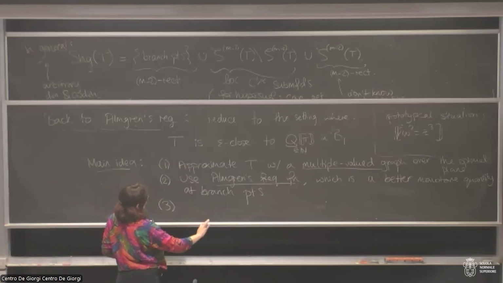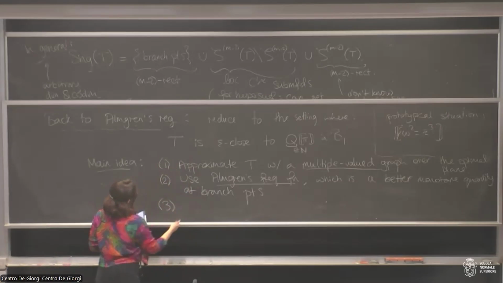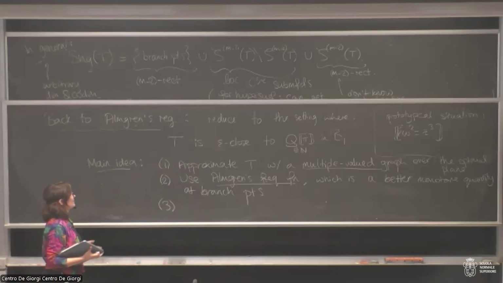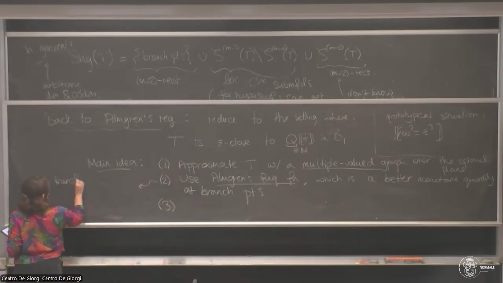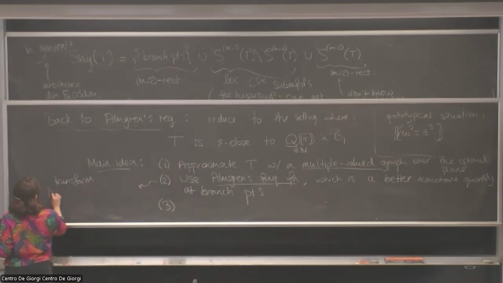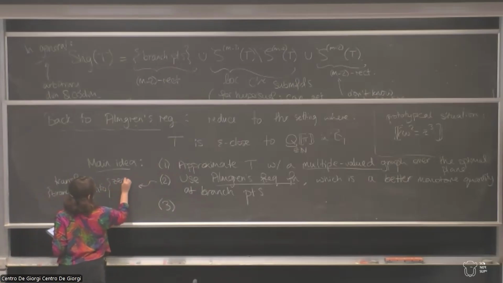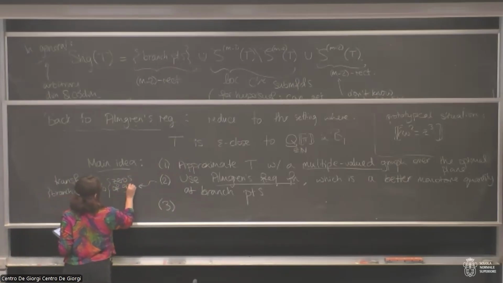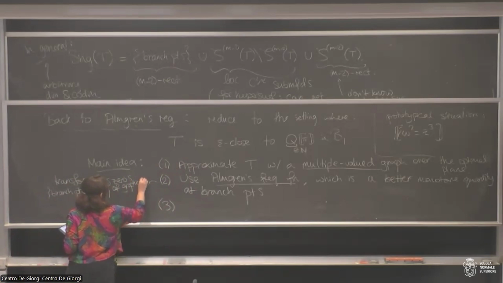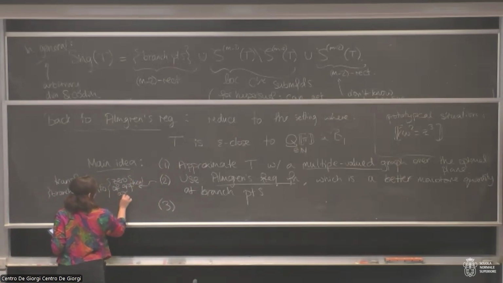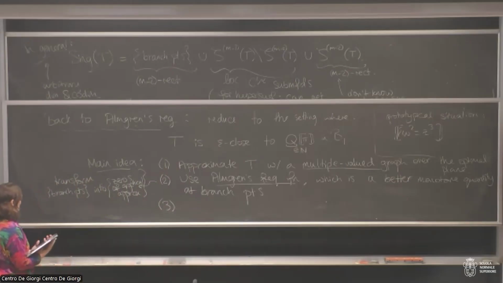And let's say that in this approximation, you really landed in the beautiful situation where you transform basically the branch points into zeros of the graphical function. So this is kind of the ideal scenario that we would like.